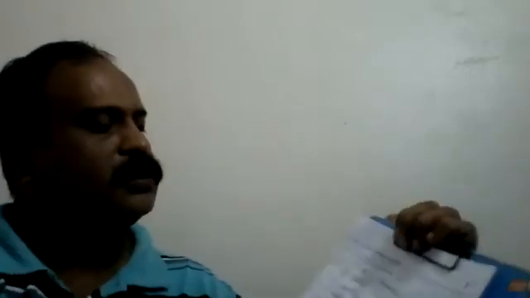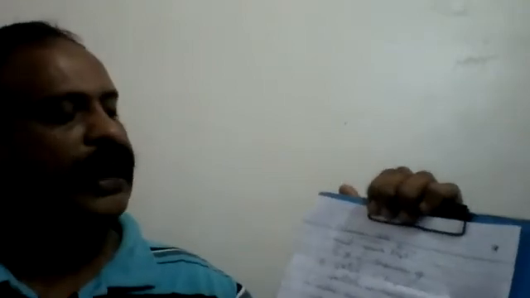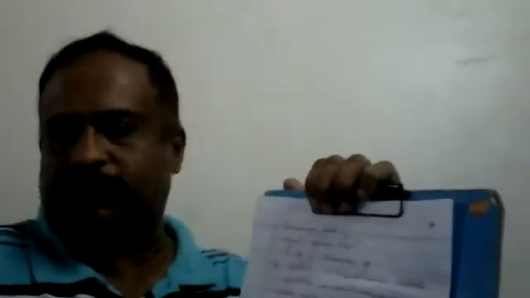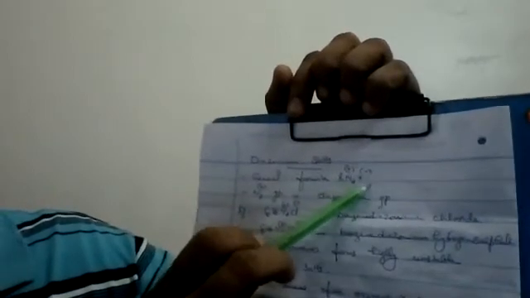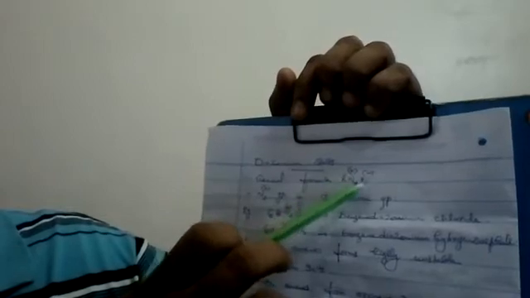Next, I will start with diazonium salts. Diazonium salts have the general formula R(N2)X. This nitrogen will have a positive charge and X will have a minus charge.